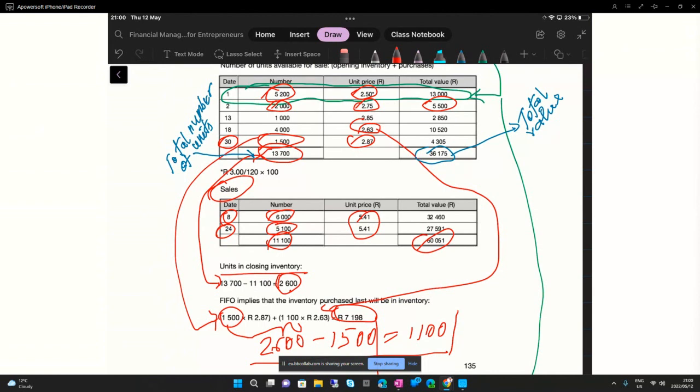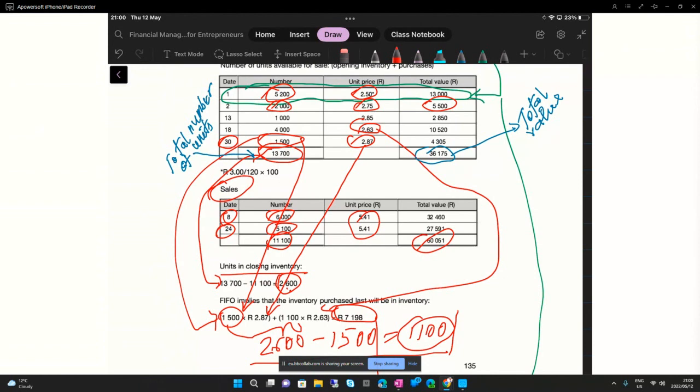at 2.87. It says there, as you can see. I'm making it quite easier. These are the two. This is the last batch. But obviously, we're not getting to 2,600. That's why we need to minus the 1,500 from the 2,600 to find 1,100.